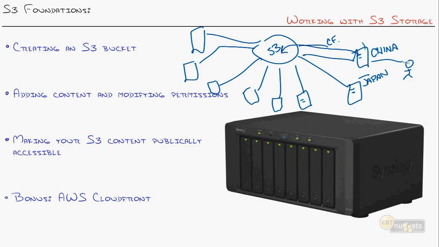So this guy in China is like, oh man, this is slow. So it's going all the way back to America, grabbing my BSafe image, and then caching it on a server in China. So now, user number 2 in China, or maybe that same user, or whoever accesses my BSafe image, bam, it's right there in China, available instantly for them. And as more users access it, the more that's there.